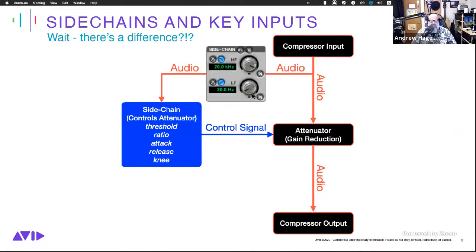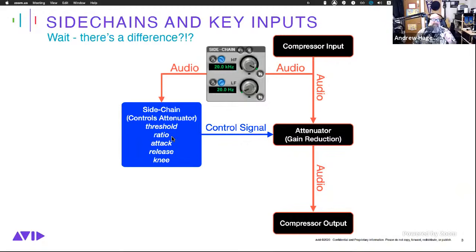You have some control over a low cut filter or a high cut filter, and you can filter the original signal before it hits the sidechain. This is something mastering engineers do. They might filter out the low frequencies to keep it from pumping, to give it a nice, even compression for mastering. But that's a sidechain control.